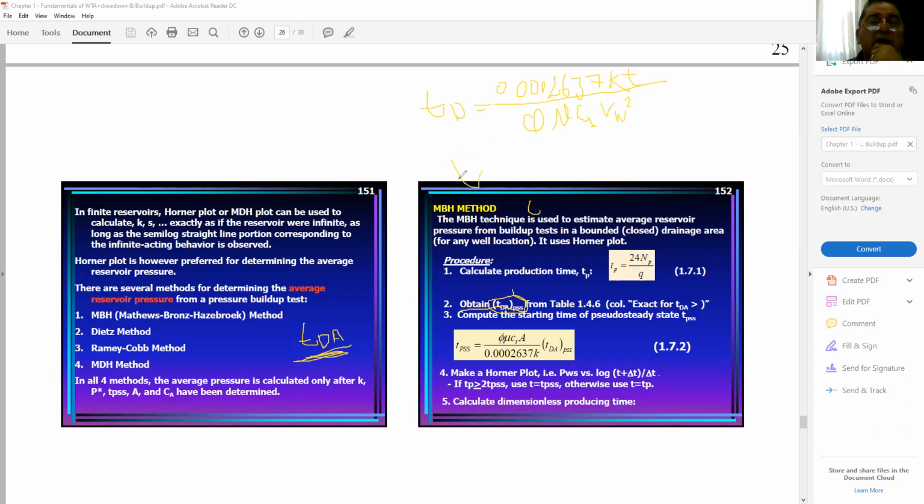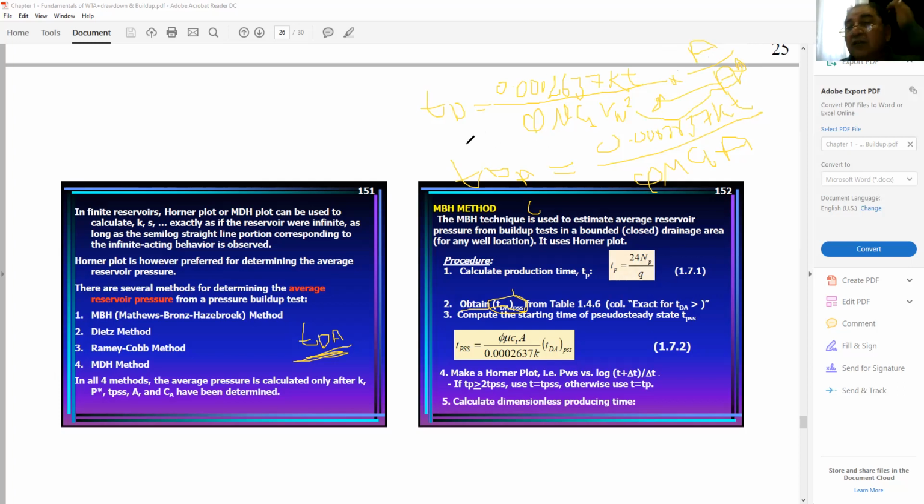Now TDA is exactly the same, but instead of rw squared we put A: 0.0002637 k t divided by phi mu ct A. So it's just like TD, multiplied by A here and divided by A, then A goes here and rw goes there. This is what we can do.